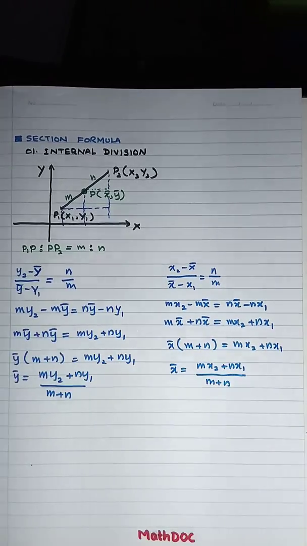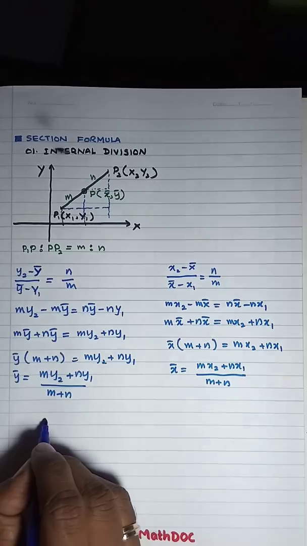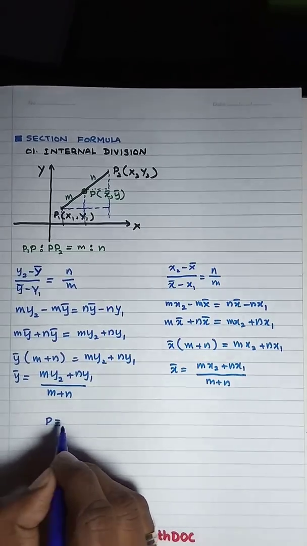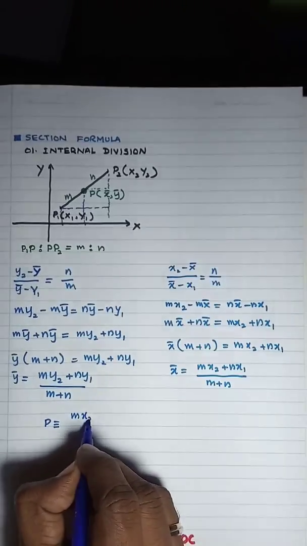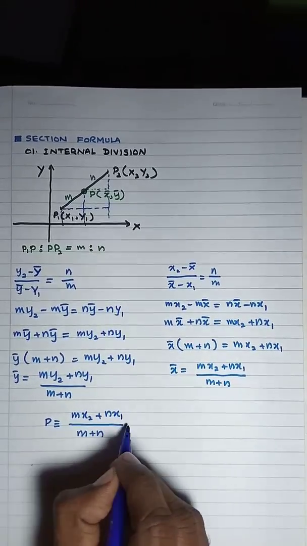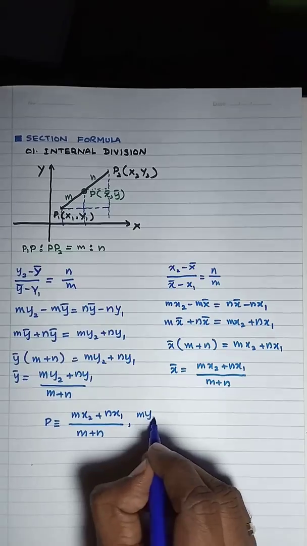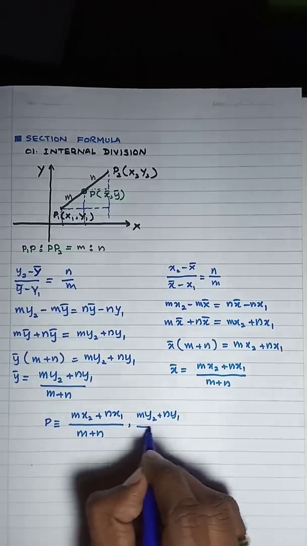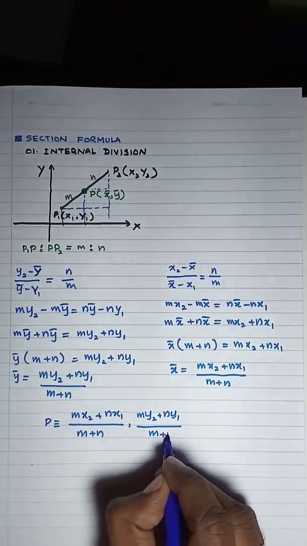That is the x bar coordinate. Finally, this point P we can directly write as (mx2 plus nx1) over (m plus n), and similarly (my2 plus ny1) over (m plus n).